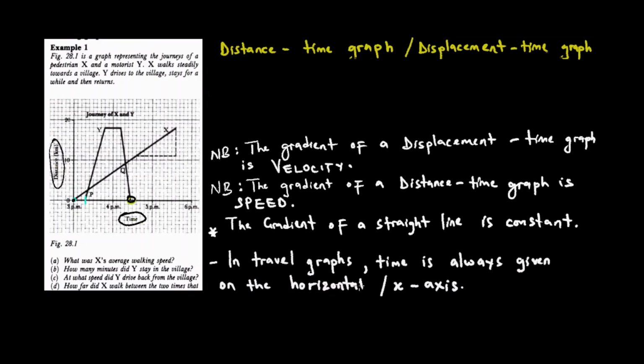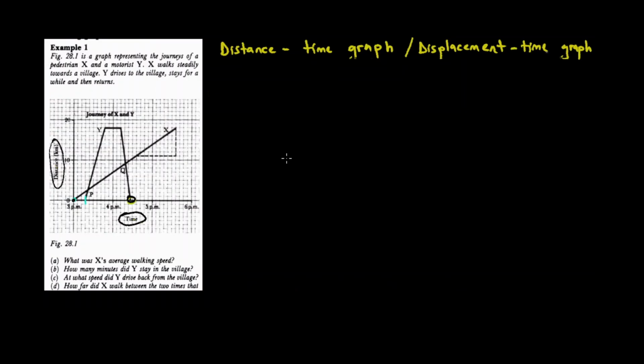Let me now remove everything here and start answering the question. Let us read it again. Fig 28.1 is a graph representing the journeys of a pedestrian X and a motorist Y. X walks steadily towards a village, Y drives to the village and stays for a while, then returns.